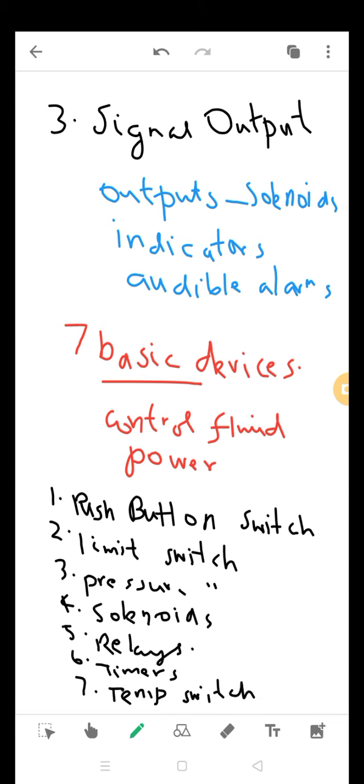So these are the 7 basic electrical devices for fluid power control in electro pneumatics.